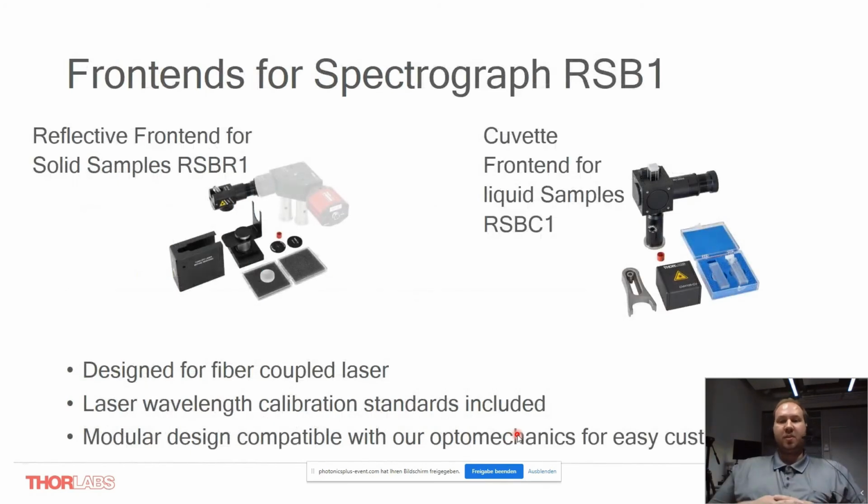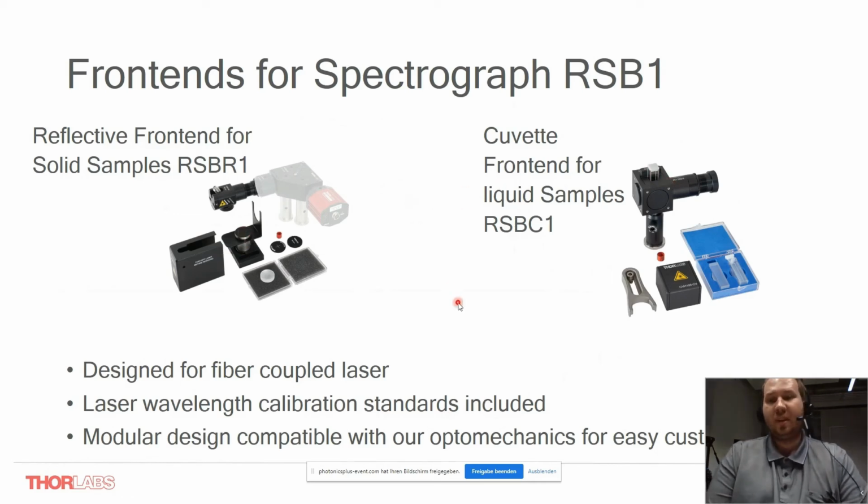In addition to the spectrograph, we also offer all the necessary accessories to get started instantly. So we have two different front ends. First of all, this reflective one for solid samples here, and the cuvette holder front end for liquid samples here on the right. These are designed for fiber-coupled lasers, so you basically just need to connect your fiber-coupled laser pigtail, and then you can place your sample, for example, here on the sample table or inside this cuvette, and then you can start your measurements instantly.